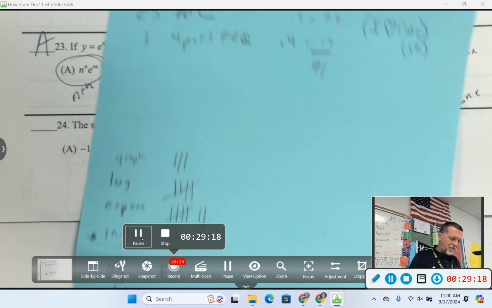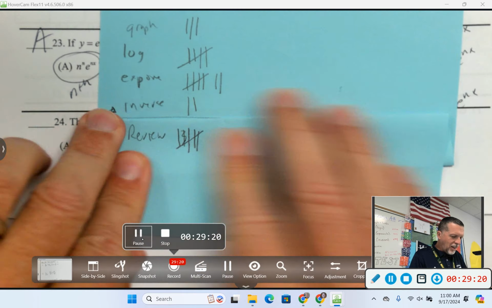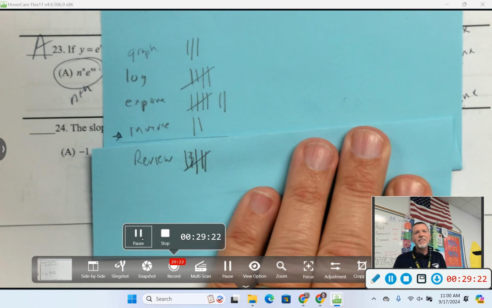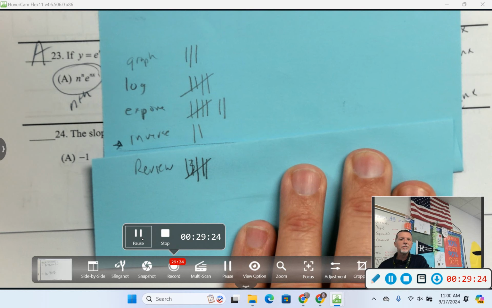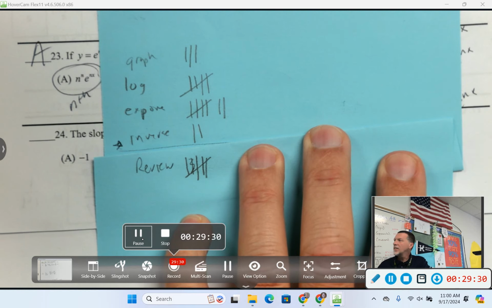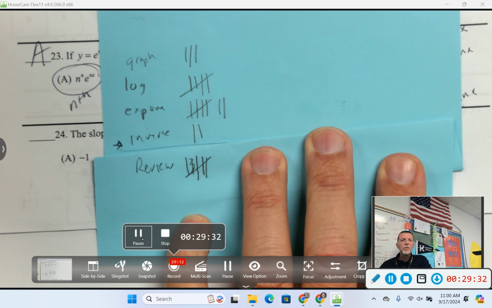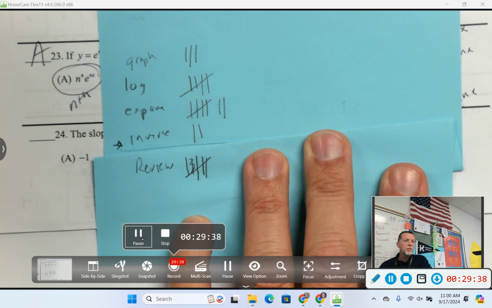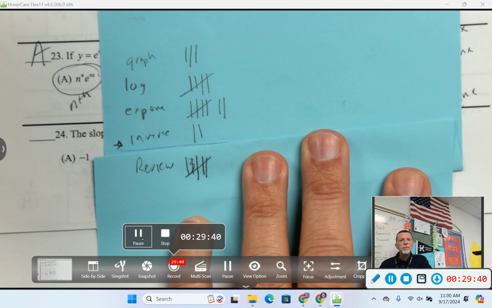As I did the key, I was just taking little hash marks on what I saw, or what was the main thing of the problem. So that probably doesn't add up to 25, because a lot of problems had multiple things in them, but you definitely used some graphs, definitely some log problems, definitely some exponent problems, not very many inverse problems.